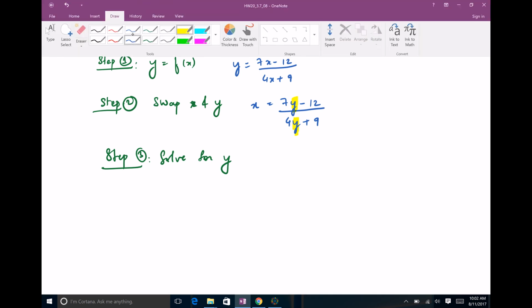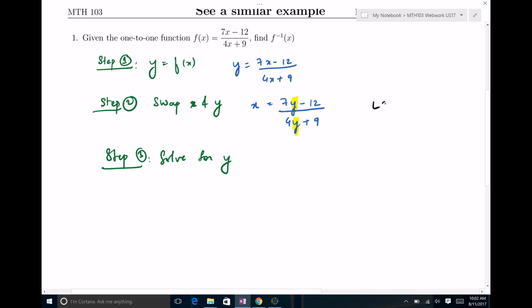So I'm going to start with first trying to find the LCD of both these sides. Now you'll notice that on the left hand side you just have x over 1, and on the right hand side you have 4y plus 9. So the LCD for both these terms is 4y plus 9. So what I'm going to do is start with first multiplying the LCD to both sides of the equation.